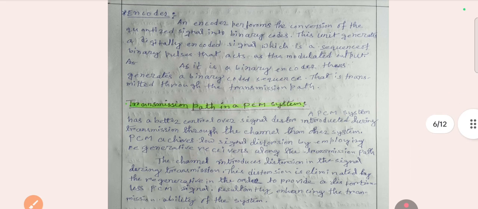This unit generates a digitally encoded signal, which is a sequence of binary pulses that act as the modulated output. As it is a binary encoder, it generates a binary coded sequence that is transmitted through the path.